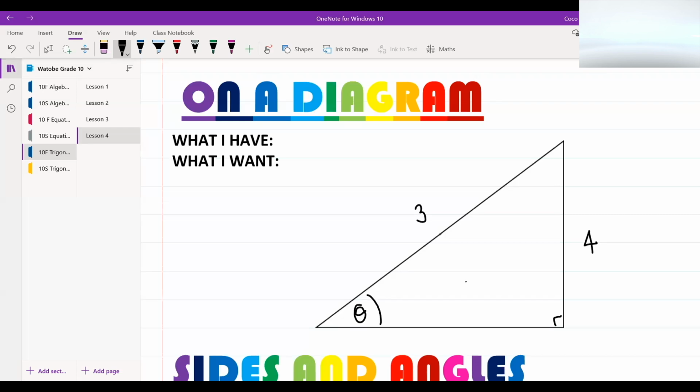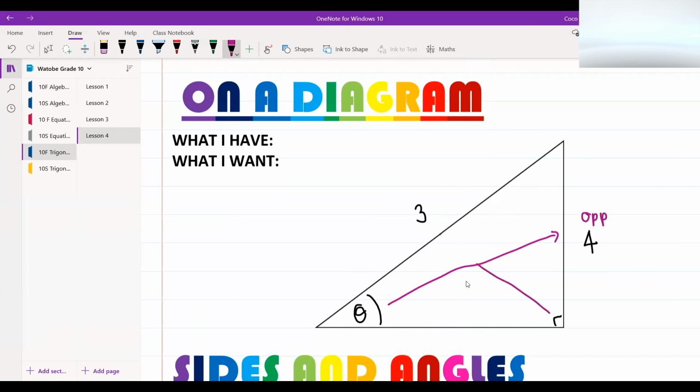Now, in accordance with this diagram, this is my theta. In relation to my angle, what is this side called? That's it, it's the opposite side. Thank you. This is the opposite side.